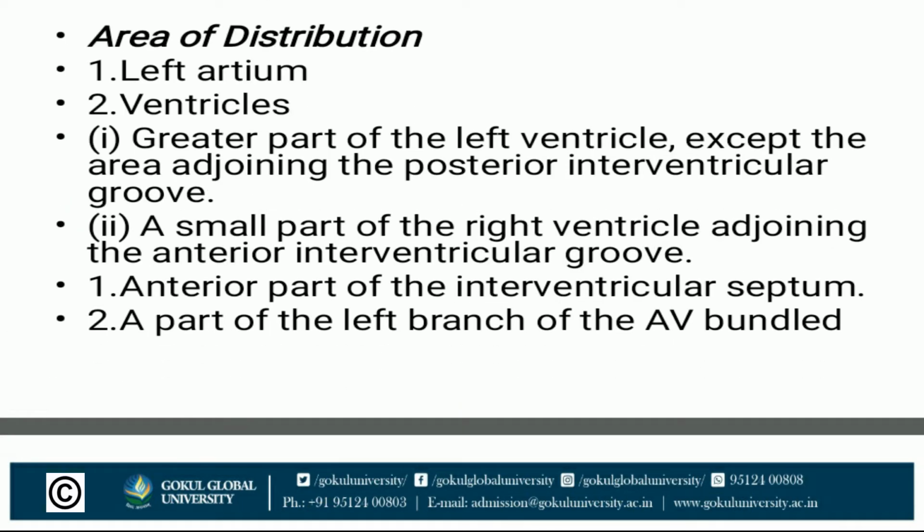Area of distribution: left atrium, the greater part of the left ventricle except the area adjoining the posterior interventricular groove, a small part of the right ventricle adjoining the anterior interventricular groove, the anterior part of the interventricular septum, and part of the left branch of the AV bundle.